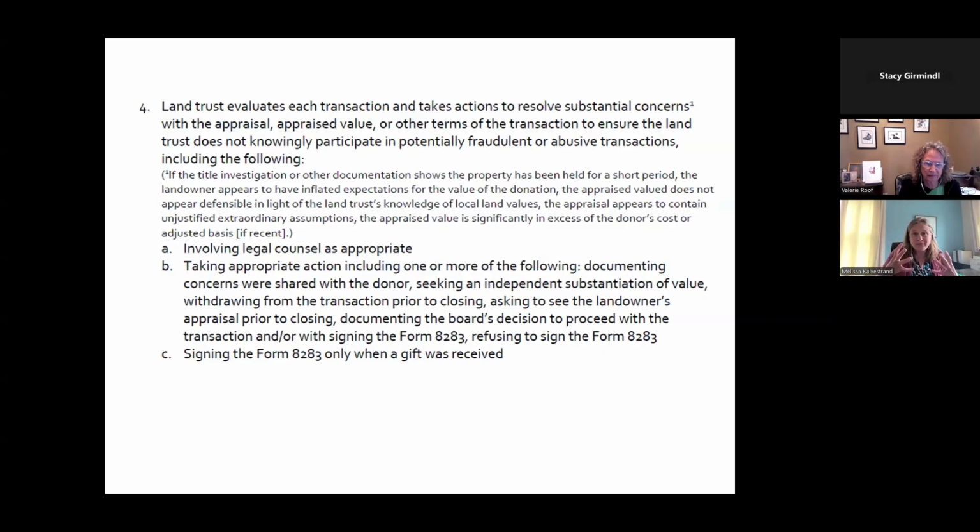If the government has concerns that they shouldn't be getting tax deductions for these overinflated syndicated transaction deals, that should be a concern for land trusts. So what we say in this requirement is that when an organization has indicators of concern, such as with the appraisal, the appraised value, then the land trust needs to show that it has taken action.